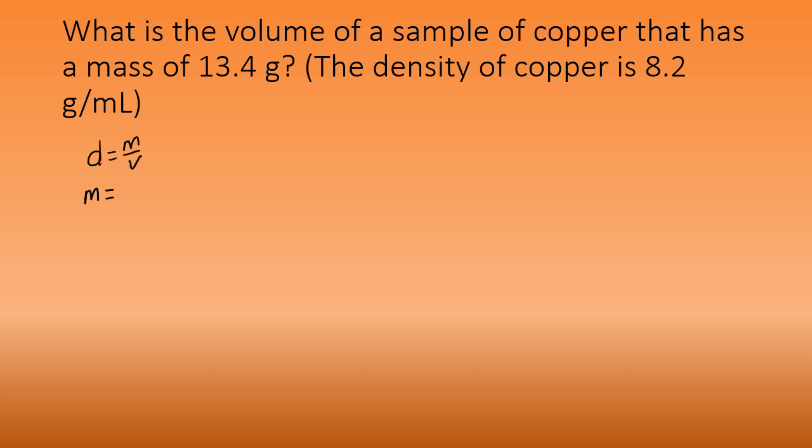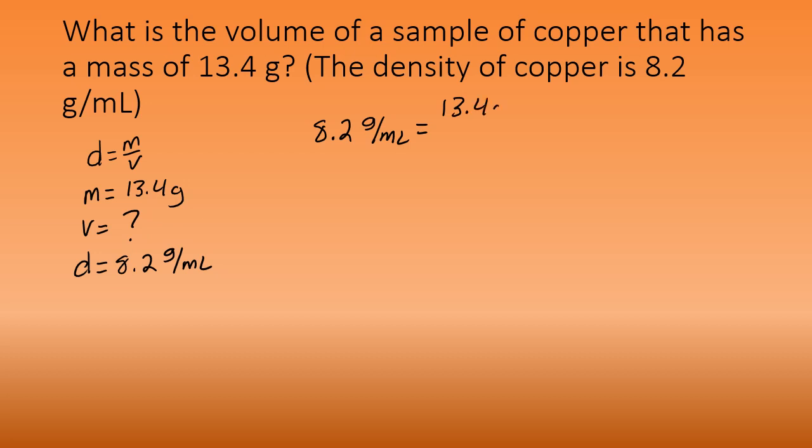The mass given by the problem is 13.4 grams. The volume is what we are being asked to find, and then we are given the density to be 8.2 grams per milliliter. And so if we rewrite our formula, replacing the variables with the known values, we get 8.2 grams per milliliter equals a mass of 13.4 grams divided by an unknown volume.